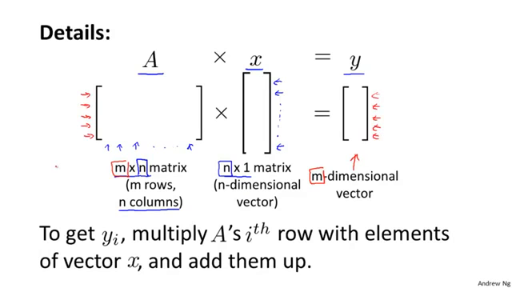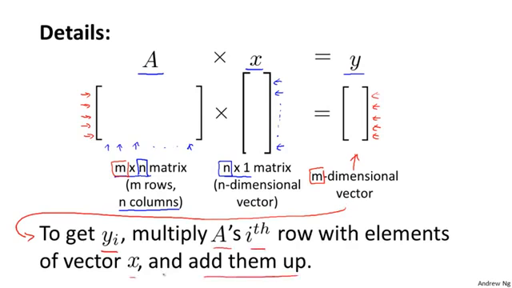So how do you actually compute this vector y? Well, to compute y_i, the process is to multiply A's ith row with the elements of the vector x. So here's what I mean. In order to get the first element of y, we're going to take the first row of the matrix A and multiply them one at a time with the elements of this vector x.